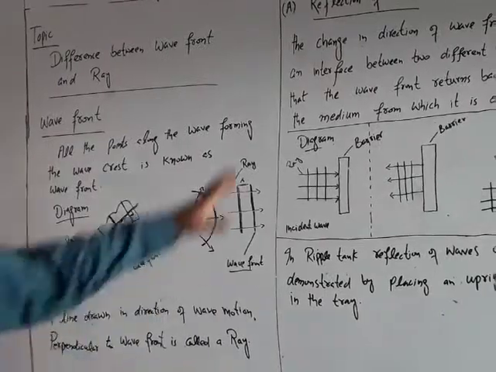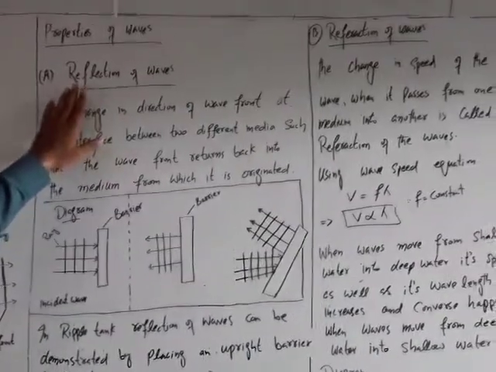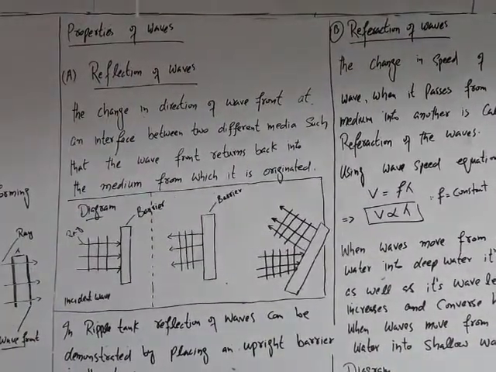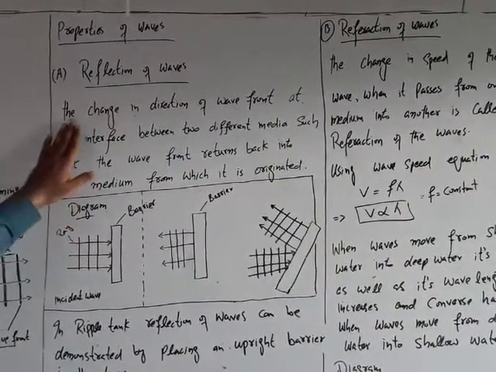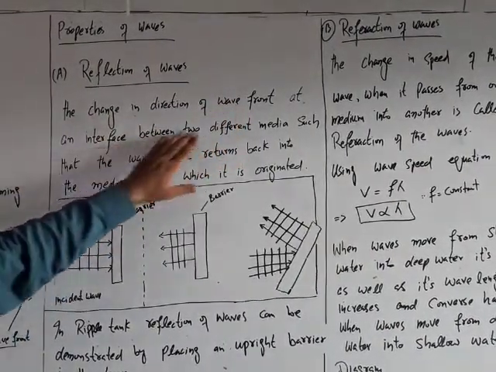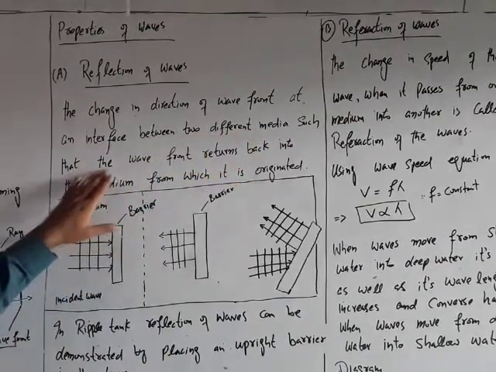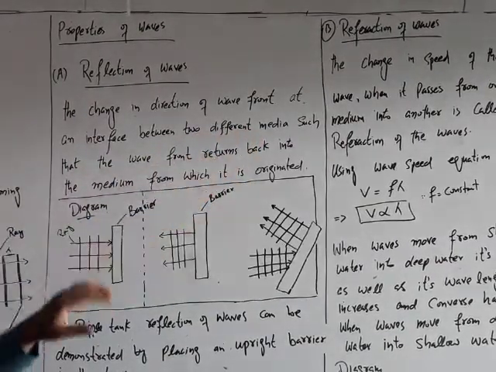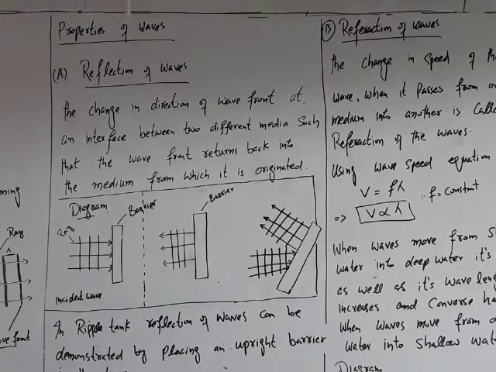The first property of the wave we are going to discuss is reflection of waves. By definition, the change in direction of a wavefront at an interface between two different media, such that the wavefront returns back into the medium from which it originated, is called reflection of a wave.